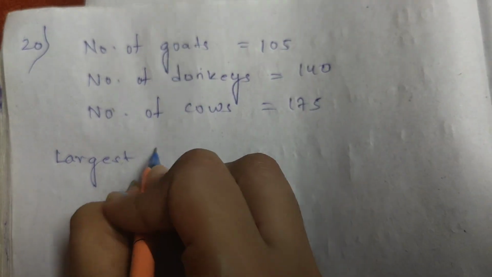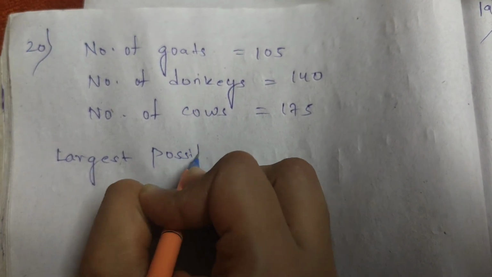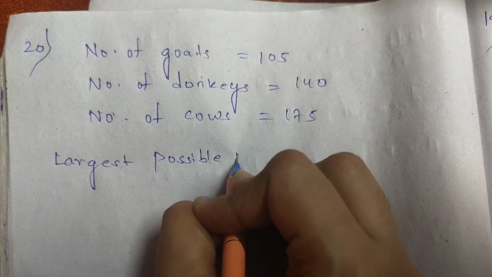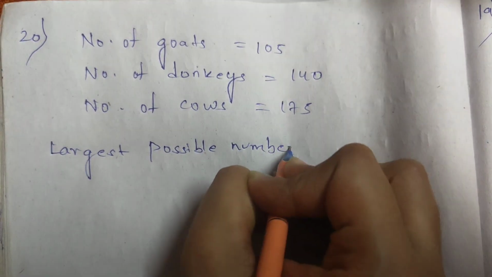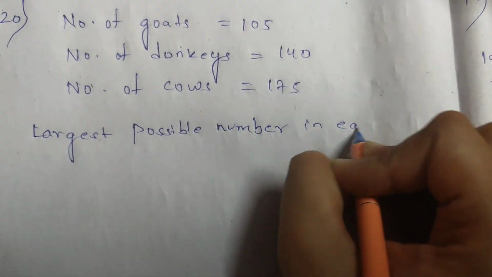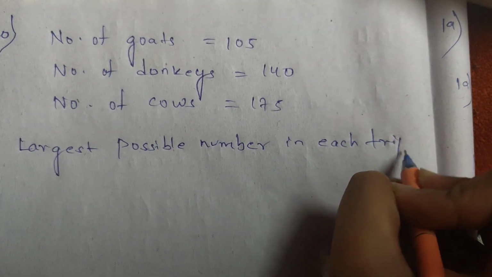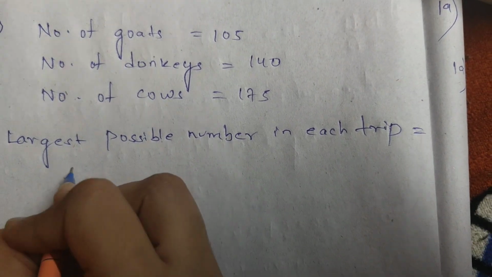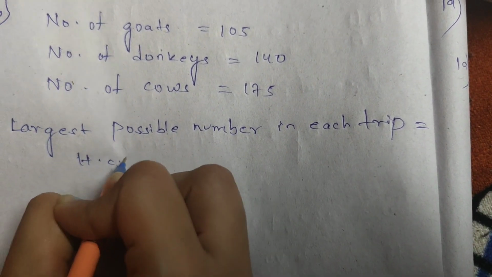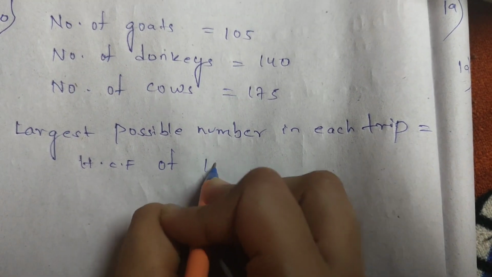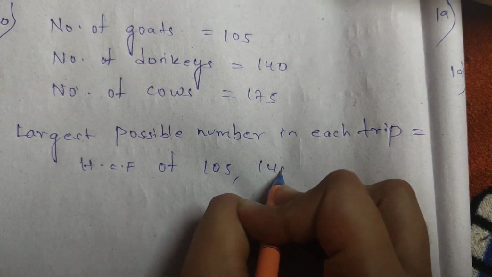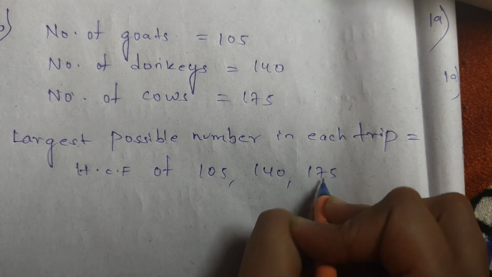Largest possible number in each trip equals HCF of 105, 140, 175.